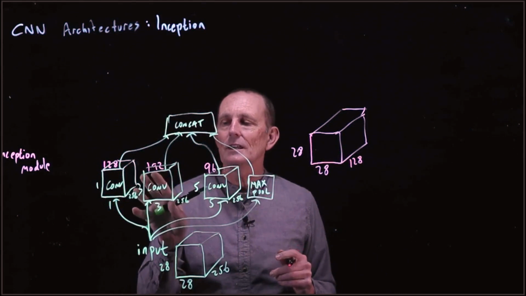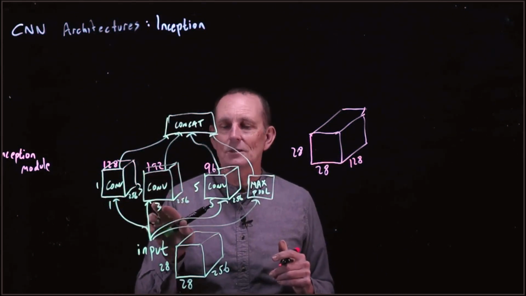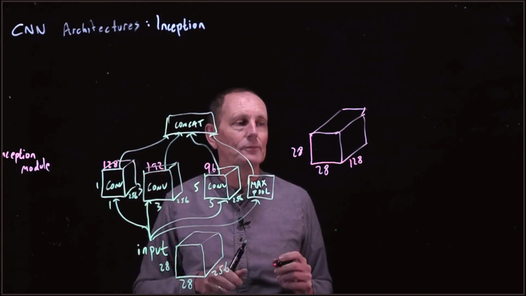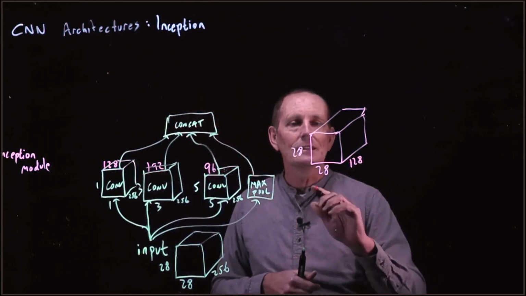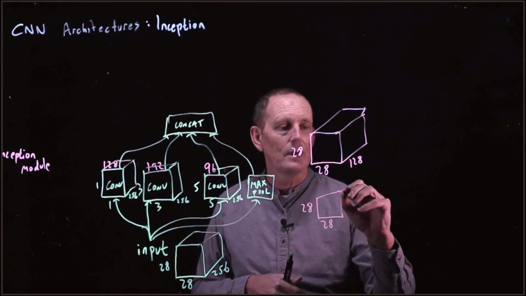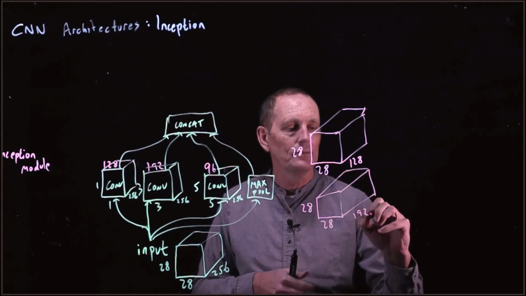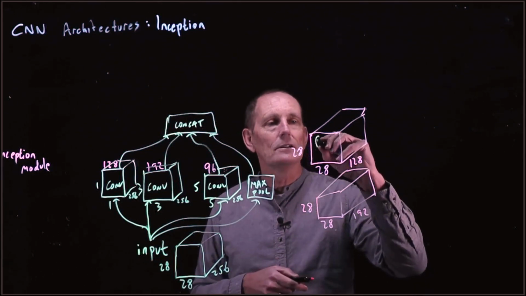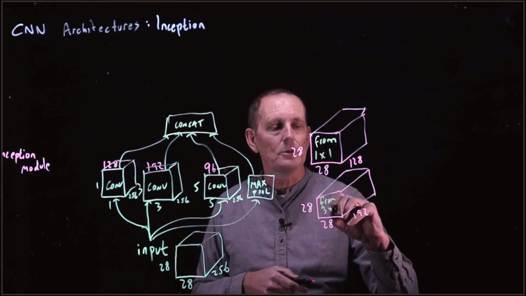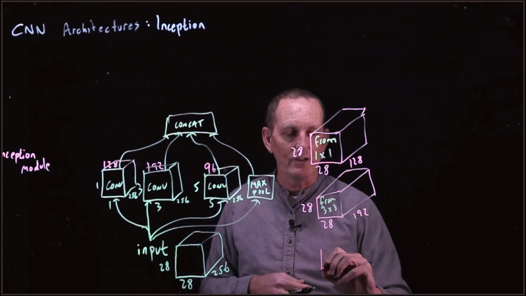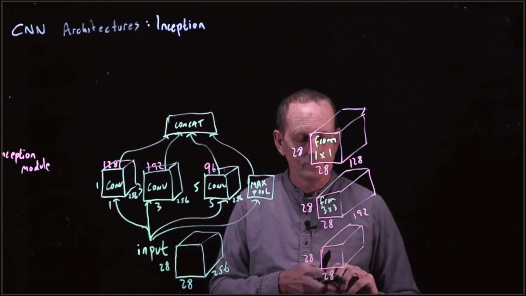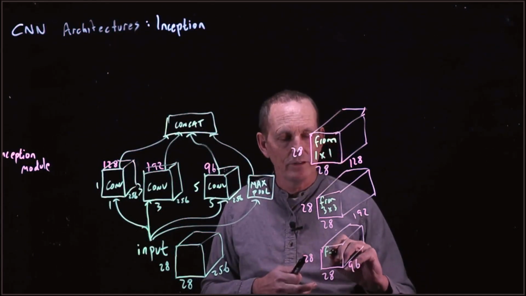What's coming out of the 3x3 is going to be 28 by 28 by 192. So this is from the 1x1, and this is from the 3x3. And if we look at the 5x5 output, we'll get a 28 by 28 by 96. And this is from the 5x5.